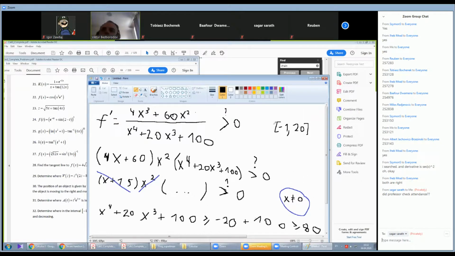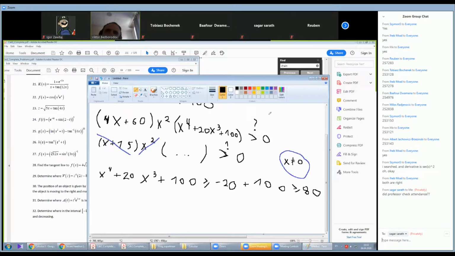But the function is increasing on the entire interval because when you're talking about increasing and decreasing, you want to include those points. So you want to take the closure, right? So we have this interval. This is 20. This is -1. And then here we have this 0.